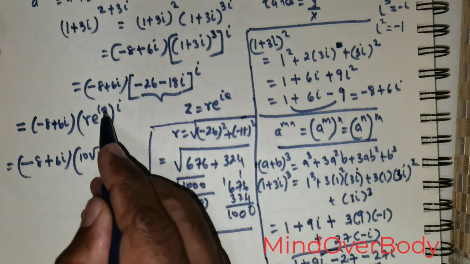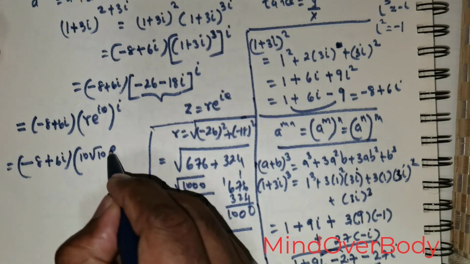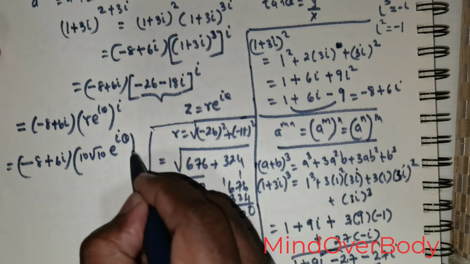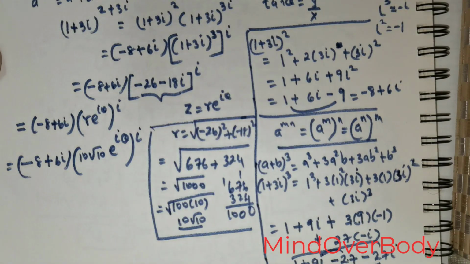So I'm just going to retain theta as it is, e raised to the power i times theta, raised to the power of i. So this is what I've got.